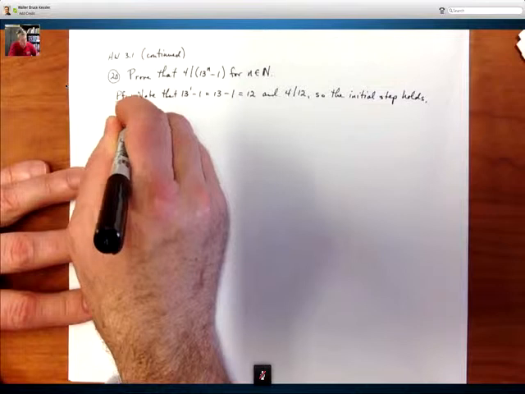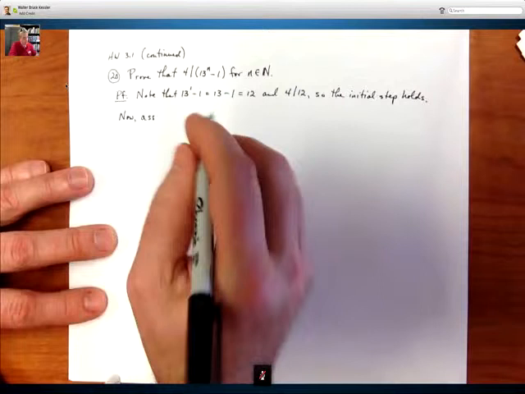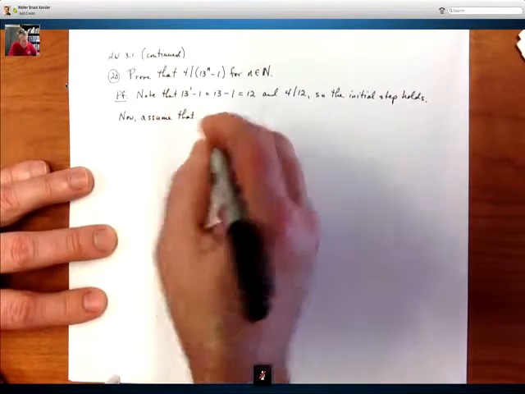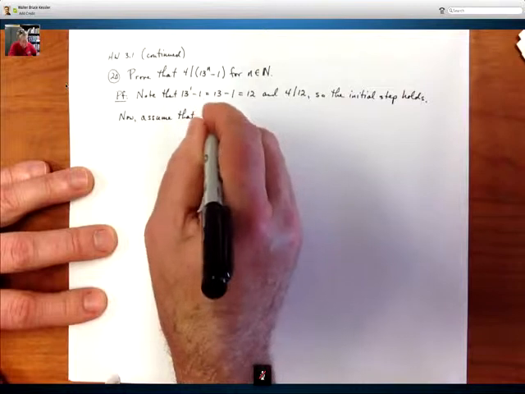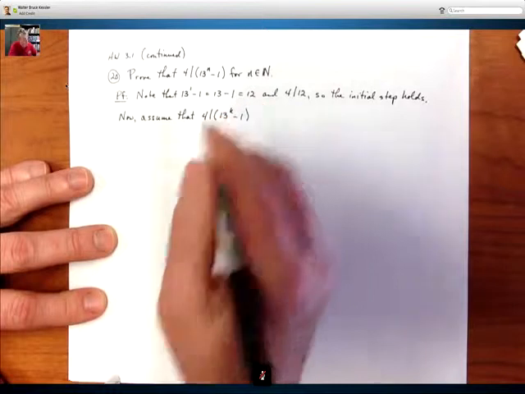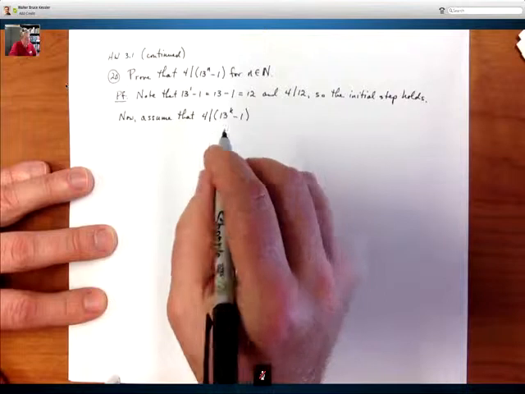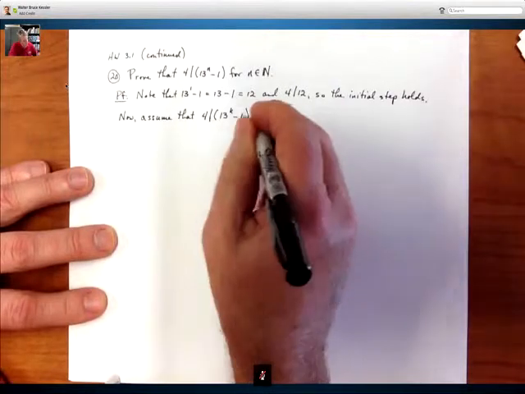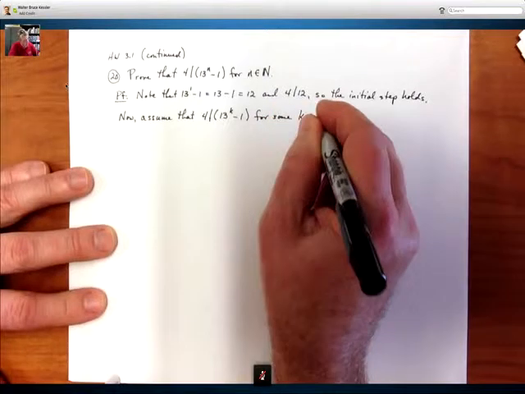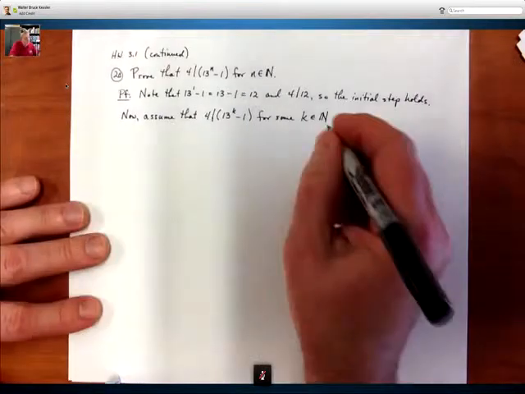Now let's set this up for a general natural number k. So 4 divides the quantity 13 to the k minus 1 for some k out there that is a natural number, or integer 1 and bigger, right?